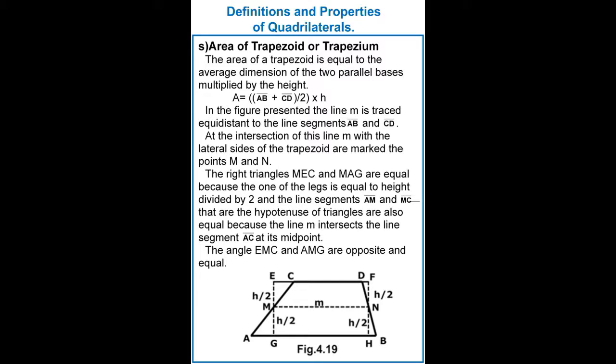In figure 4.19, the line segment M is drawn at a distance equidistant from segments AB and CD.